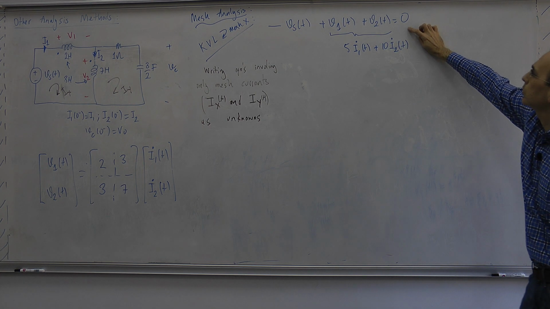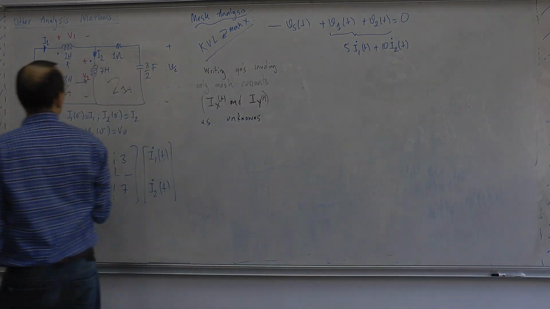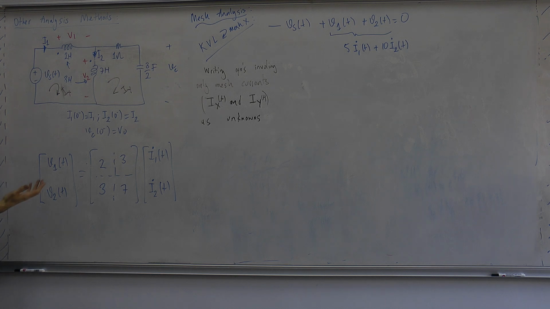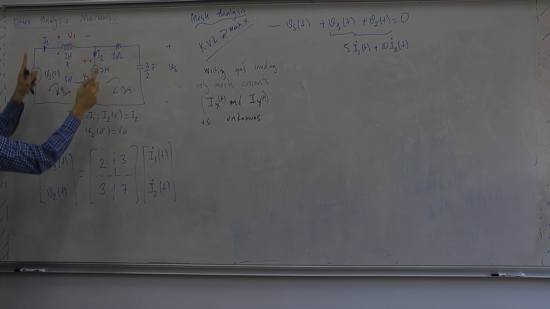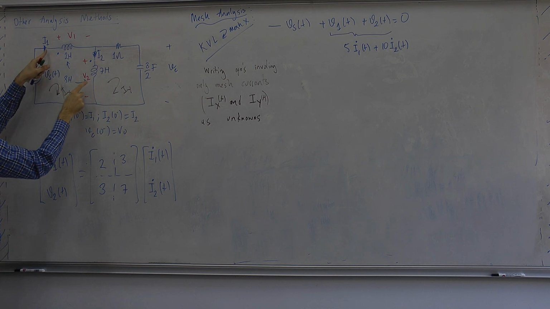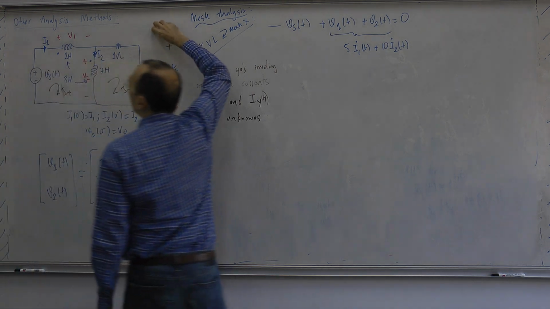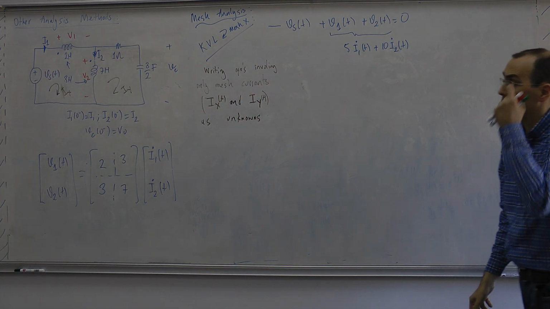But this is my first equation, and I see not Ix, Iy, but I1, I2. Now, the idea of mesh analysis is extremely simple. If you know these mesh currents, Ix and Iy, the branch currents are simply a linear combination of the mesh currents. This is the big idea of mesh analysis.